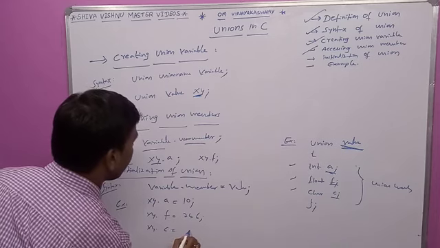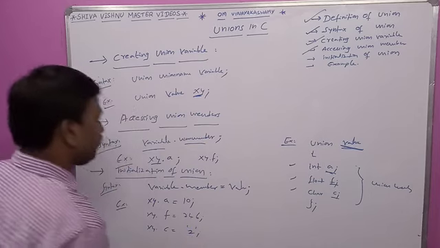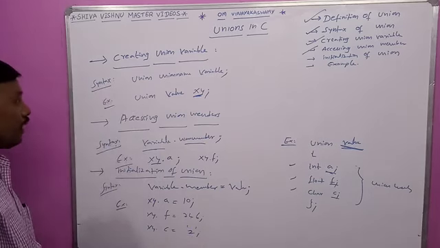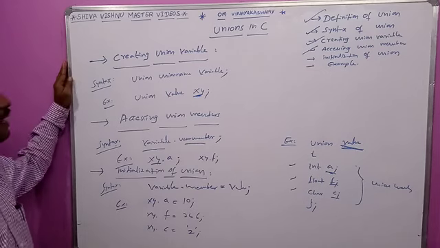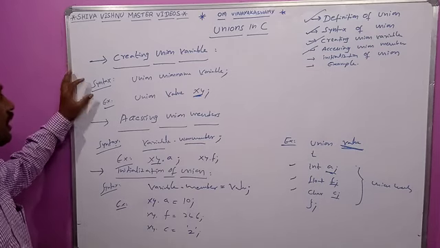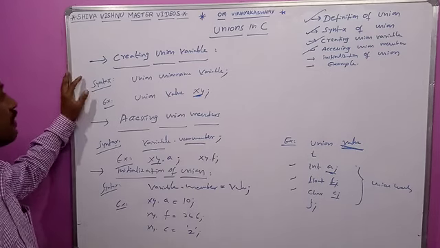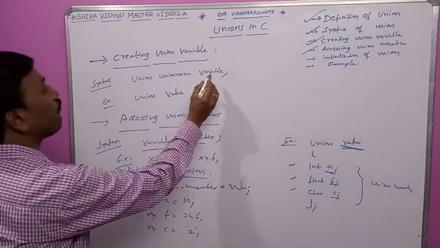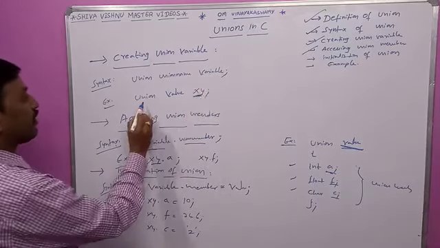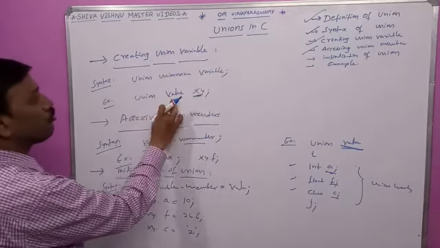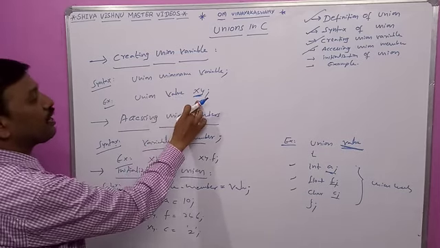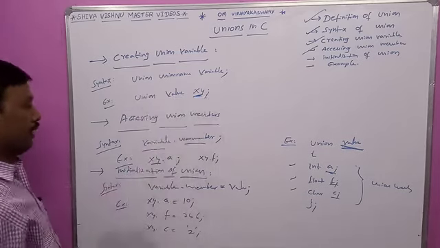Then, creating a union variable: follow the syntax union name variable semicolon. Example: union value xy semicolon.